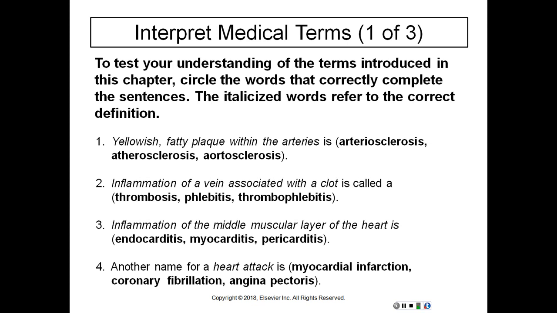Number 3, inflammation of the middle muscular layer of the heart. So again, they all end in itis, which all means inflammation. So which one is middle muscular layer of the heart? And that's going to be the middle option, myocarditis, because myo means muscle. Number 4, another name for a heart attack. I've said this earlier in the recording, and that's going to be a myocardial infarction.